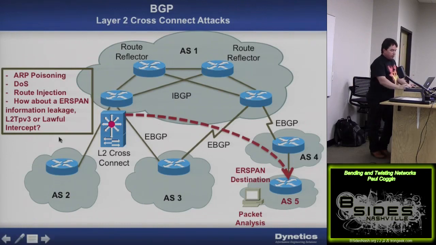Maybe enable lawful intercept or some other kind of tunnels back to other organizations. All that layer 2 stuff may be available to you. You could maybe do L2TPv3 and drag and drop a layer 2 connection across the whole internet to someplace interesting in Southeast Asia, maybe, depending on who you're working for.